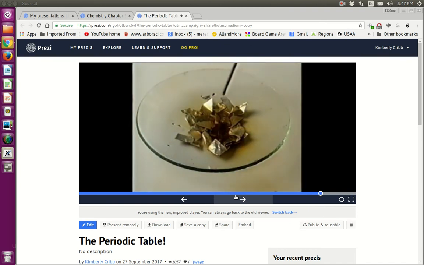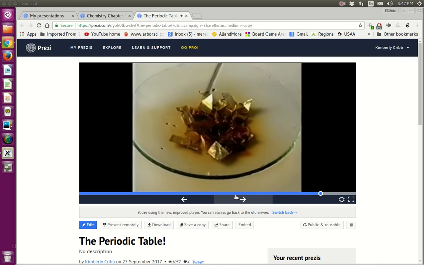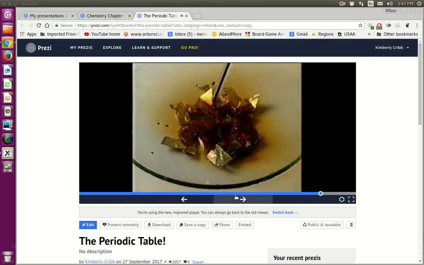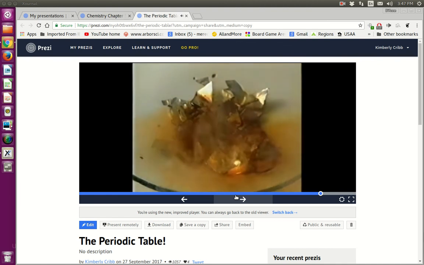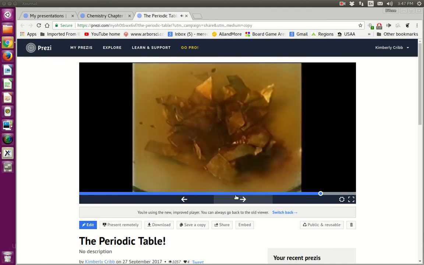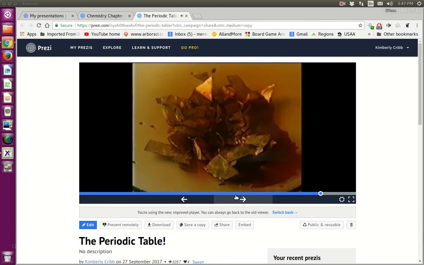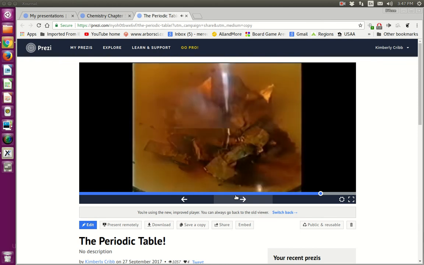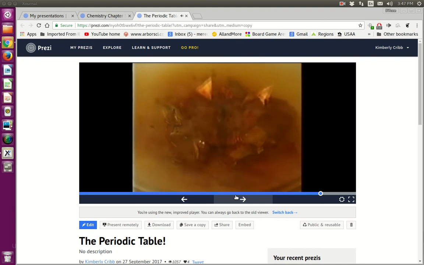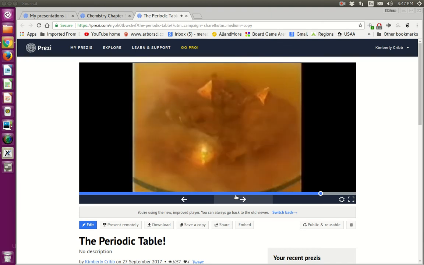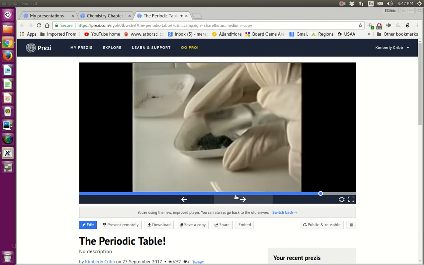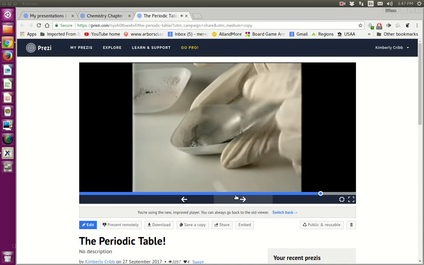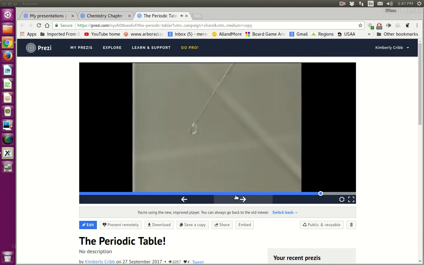Bromine also has a brisk reaction with aluminium foil. Iodine and aluminium powder react once a drop of water has been added.